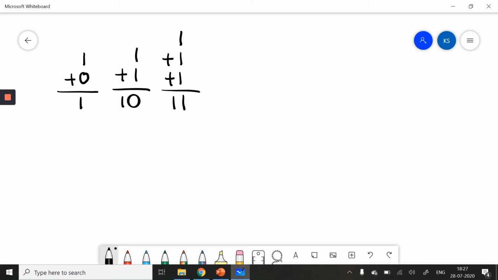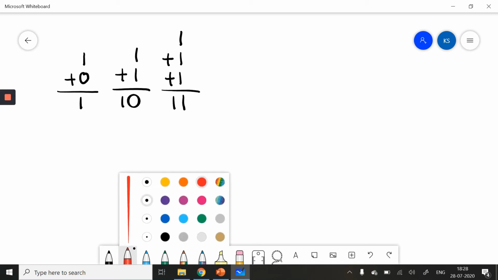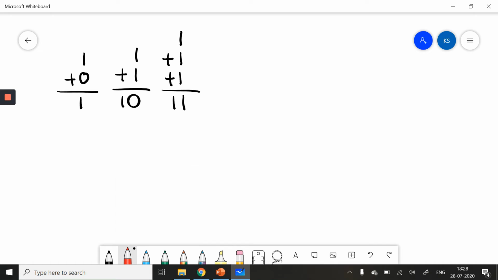So how to remember these answers, right? Because in further topics we will need to perform all these types of calculations. So how to remember this? 1 plus 0 is 1, 1 plus 1 is 10, and 1 plus 1 plus 1 is 11. It's a very simple trick to remember this. Let's see what the trick is.